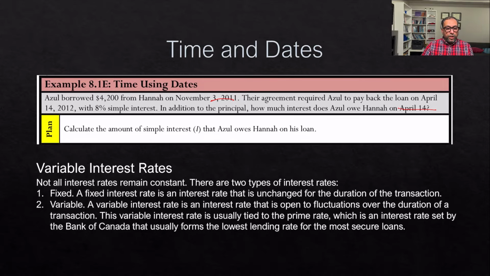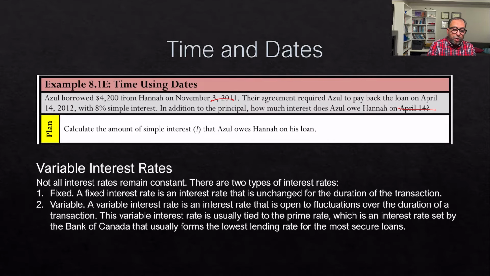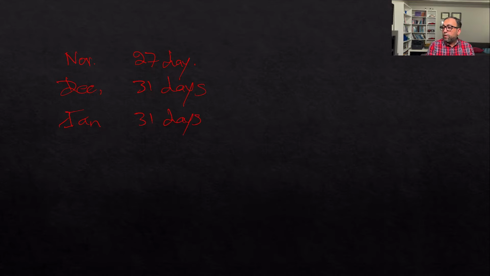So if I do November, because the contract is starting on November 3rd, in November, how many days was the loan outstanding? 27 days. And similarly, if we go for December, it is 31 days, because December has 31 days. And for January, we still have 31 days, right?